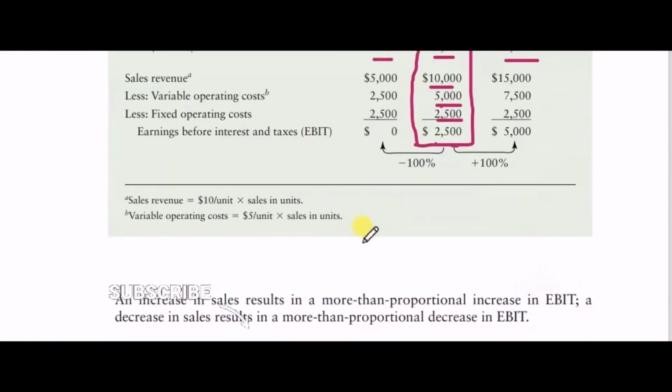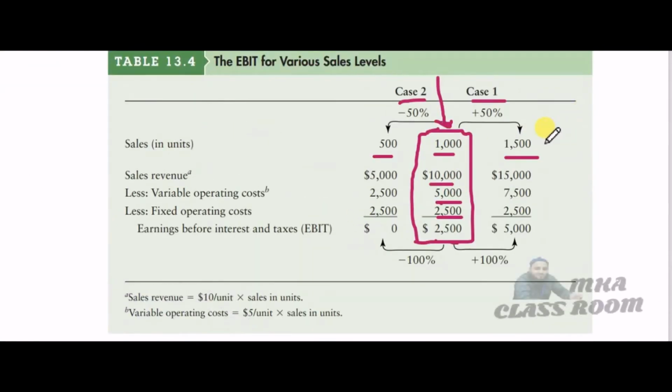So now if we increase our sales by 50%, what will happen? Then our sales should be 1500, sales revenue 15,000, variable cost increases to 7,500, but fixed operating cost is the same, that is 2,500. Then our EBIT increases to 5,000. You see that sales increase 50%, but EBIT, earning before interest and taxes, increases 100%.